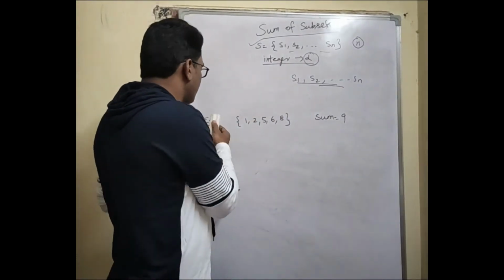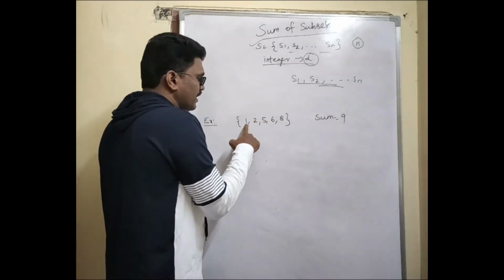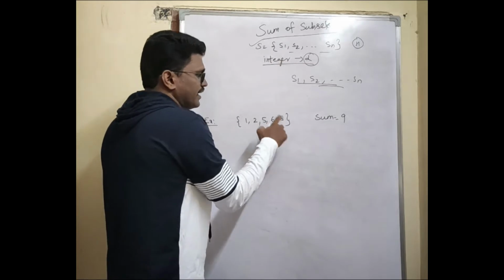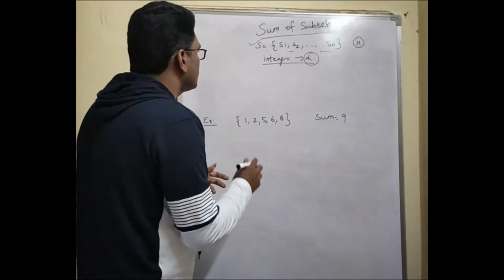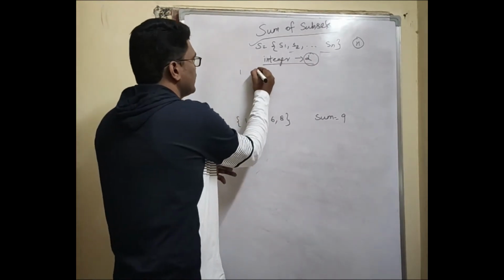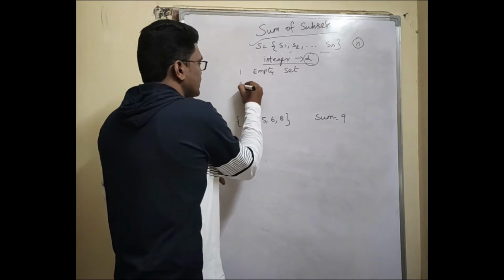For example, you take these elements. There are 5 elements given like this: 1, 2, 5, 6 and 8, and the sum value is d. The algorithm that we use is, we start with an empty set initially.